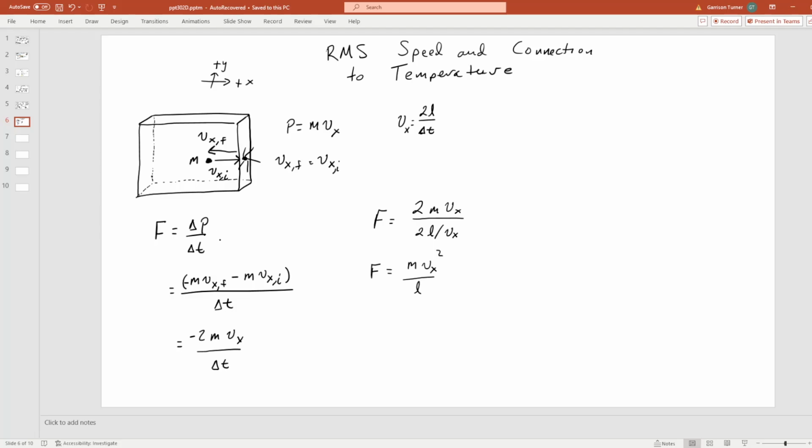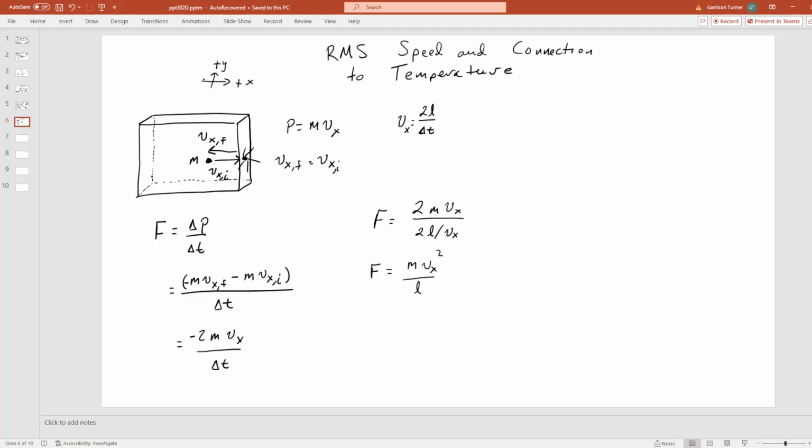Initially suppose that it's just moving in the x direction with velocity vx sub i. It hits the side of the container and bounces off in an elastic collision with a velocity vxf.